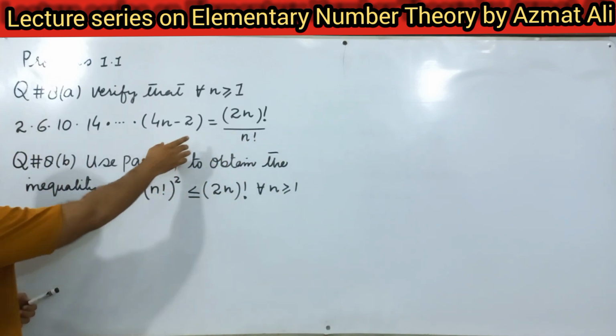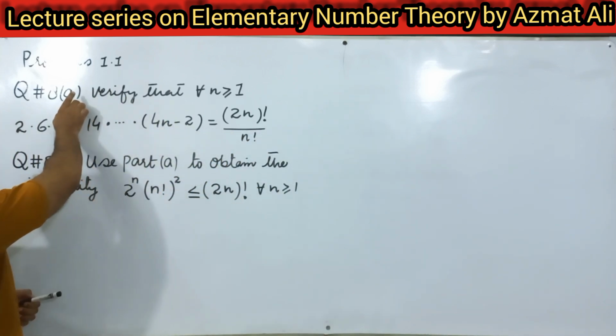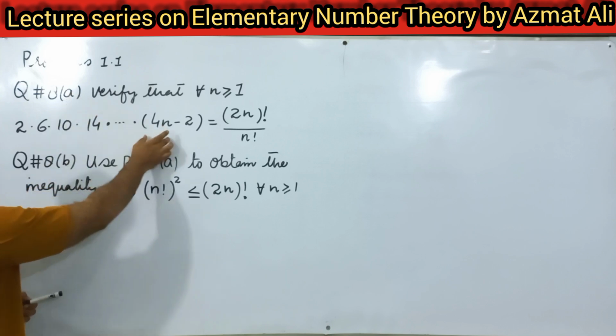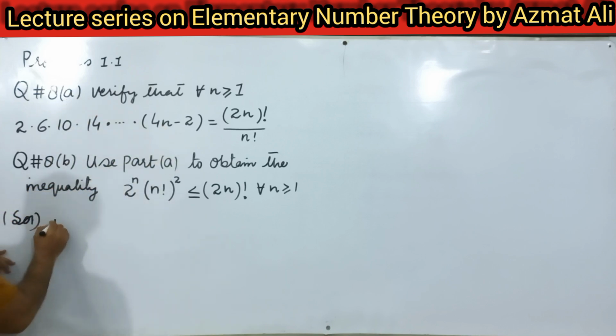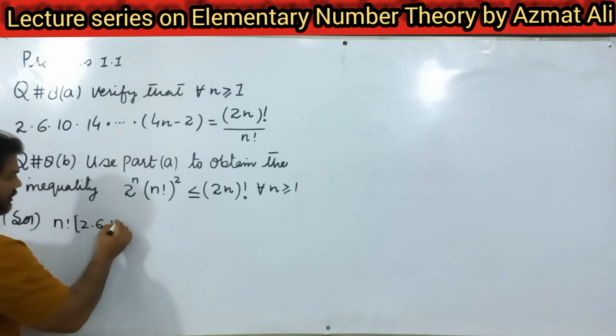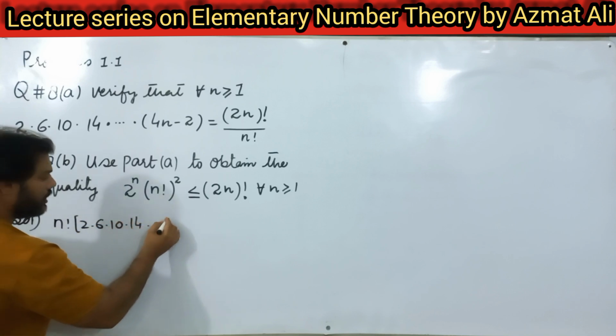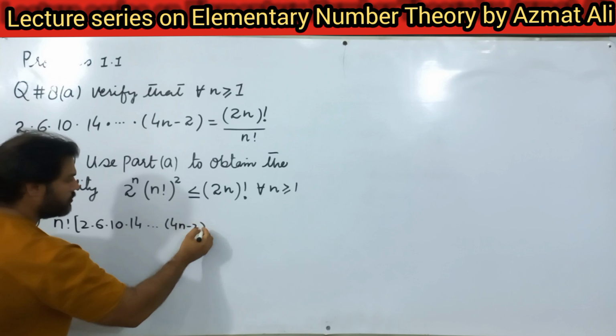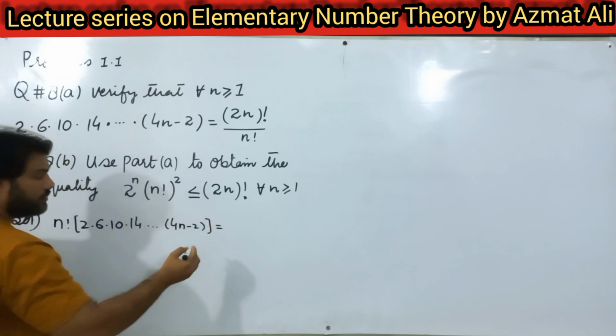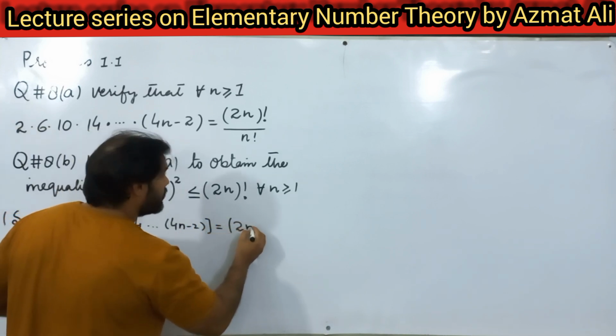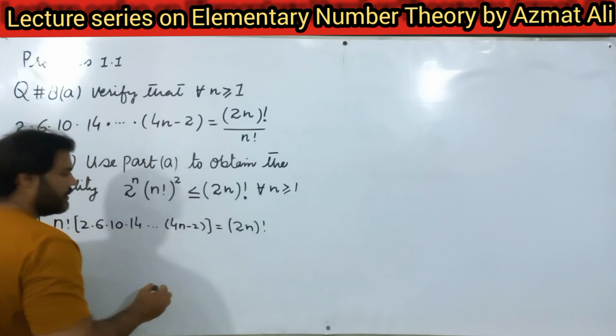from the first part of question number 8, we can write n factorial into 2 into 6 into 10 into 14 up to so on 4n minus 2 is equal to 2n whole factorial.